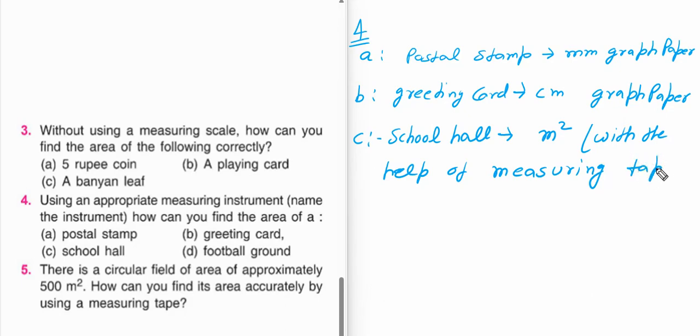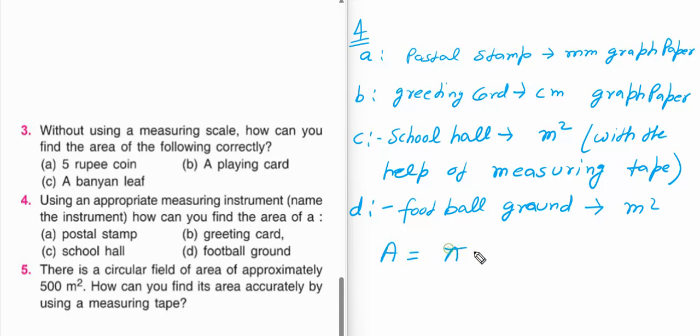Now, D. With a football ground, certainly football ground also, area of football ground also expressed in meter square, and its radius can be found by measuring tape, and then we can use the formula area equals pi r square. बच्चों, the radius of football ground can be calculated with the help of measuring tape.